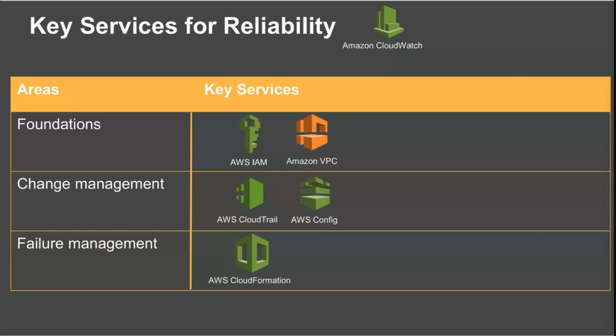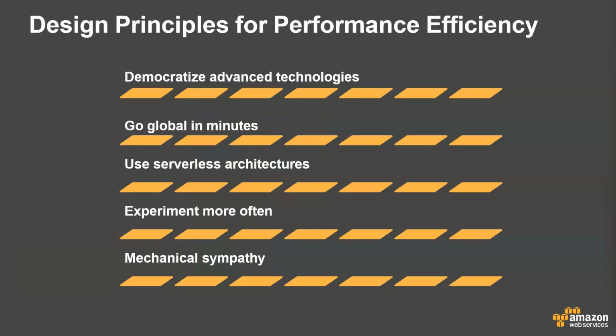So next, we're going to our third pillar, which is performance efficiency. This pillar talks about the ability to use computing resources effectively to meet system requirements and to maintain the efficiency as demand changes and technology evolves.